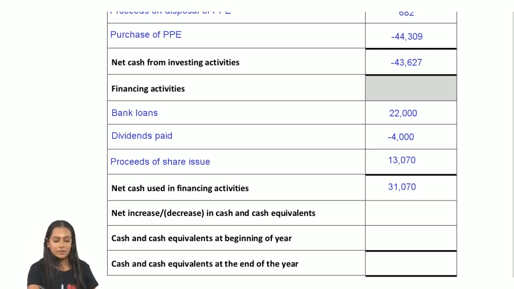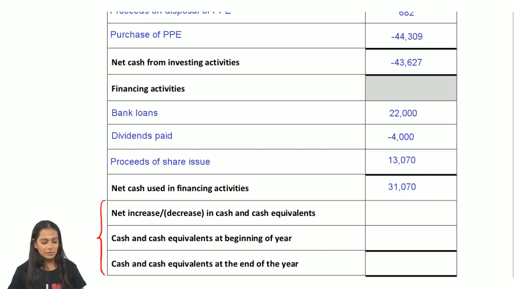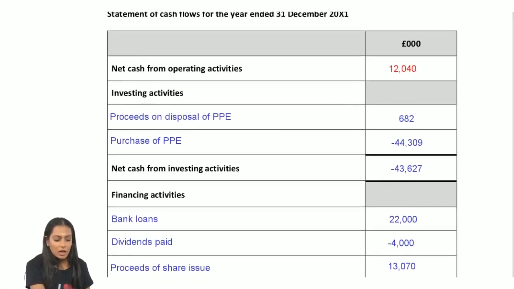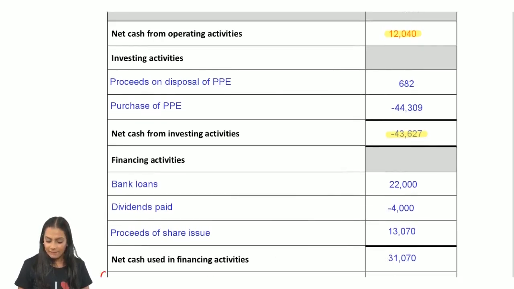Now we need to fill in these final three lines. The movement in cash and cash equivalents, the cash and cash equivalents at the start of the year, and the cash and cash equivalents at the end of the year. We need to ensure that the cash flow statement is reconciling. Now to get the net movement here, what you will do is take the cash flows from operating activities, add on the cash flows from investing activities, and the cash flows from financing activities.